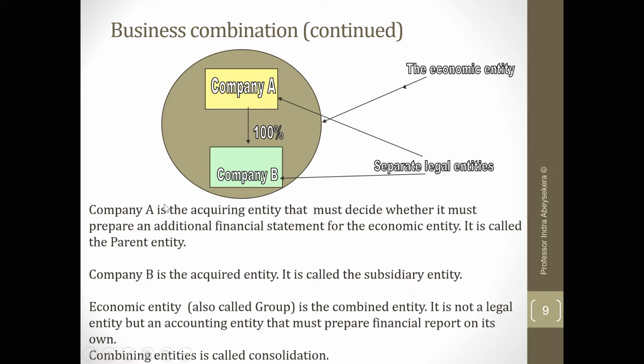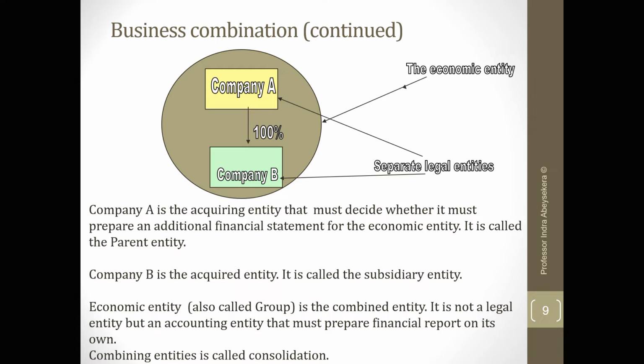So what we have is a parent entity called Company A and a subsidiary called Company B. Parent controls subsidiary, and when we prepare group accounts, we consider A and B as a combined entity. That's called an economic entity. But A and B are separate legal entities. Economic entity, in some way, is not a legal entity.